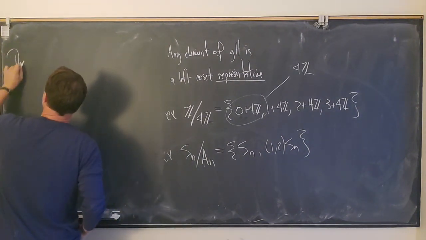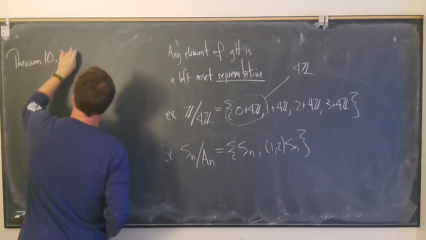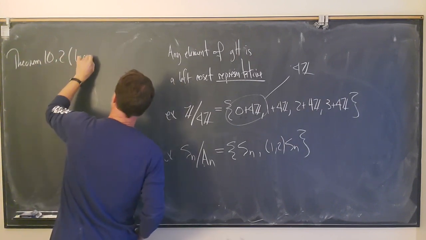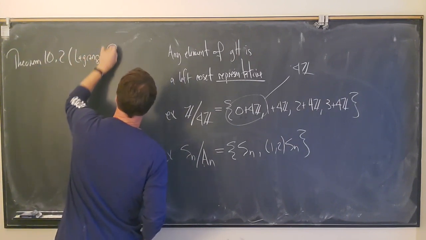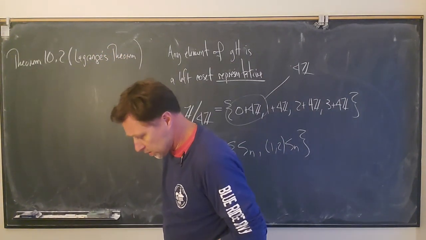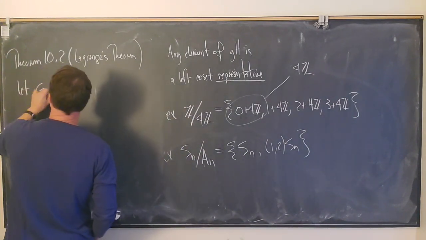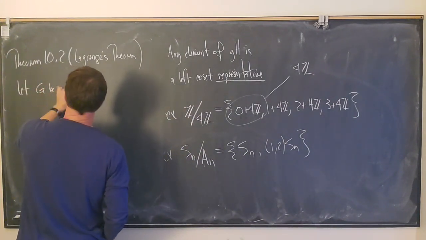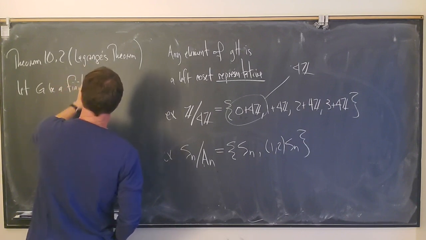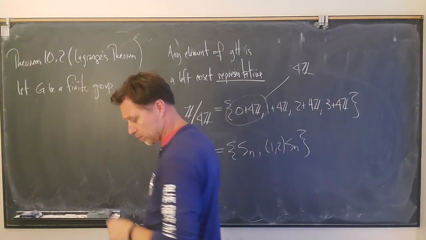Okay, so now we're ready for a theorem. This is theorem 10.2, and it's called Lagrange's theorem. And so it goes like this. Let G be a finite group. And then we're going to need a subgroup.